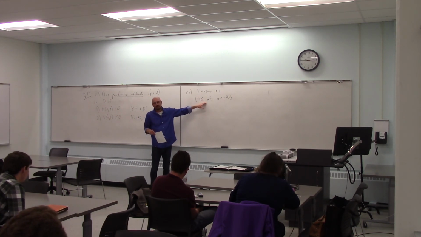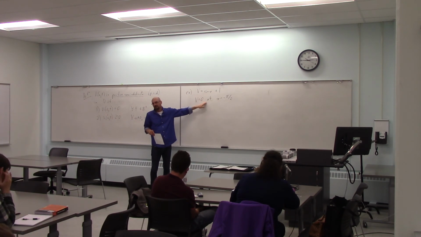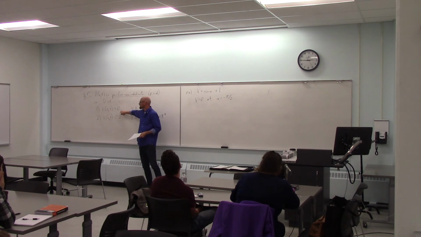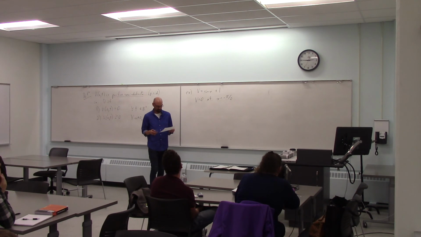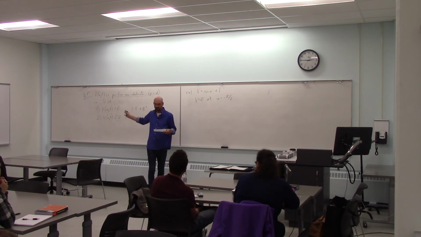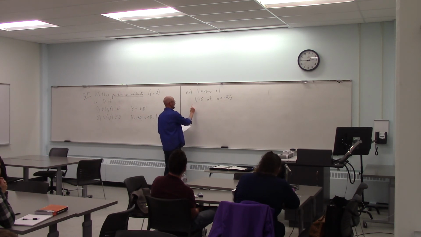Remember, if you see something like this, it's a trivial coordinate change. When I write these definitions and theorems down, I'm always assuming that I've made the coordinate change already, so that things are 0 at 0. For this system, you just have to make the change of coordinates first, and then it'll look like that.